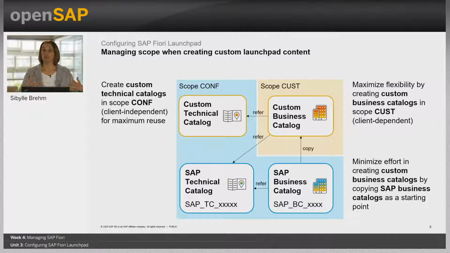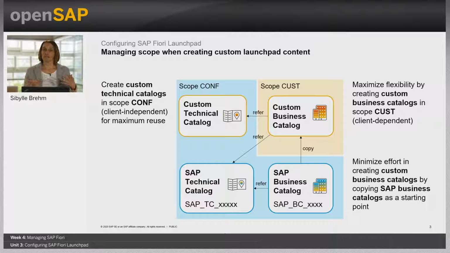You can reuse your original tiles and target mappings in all clients by creating your custom technical catalogs in the conf scope. Maximize flexibility by creating your custom business catalogs in the cust scope. This gives you the option to gather different combinations of tiles and target mappings to support different use cases needed for different clients.